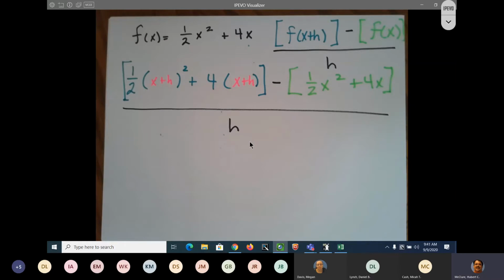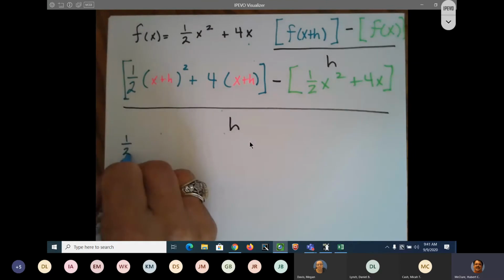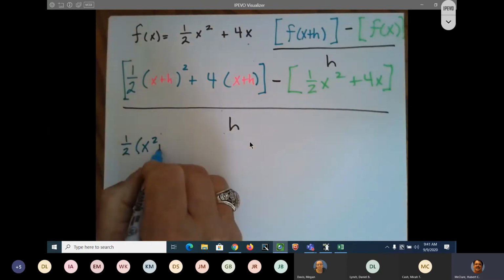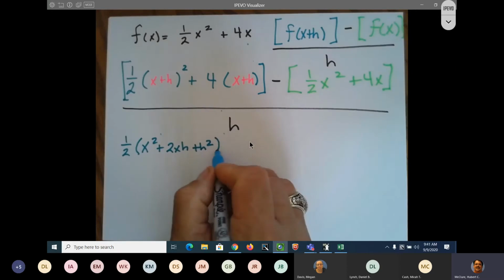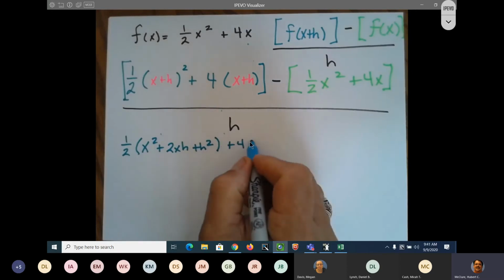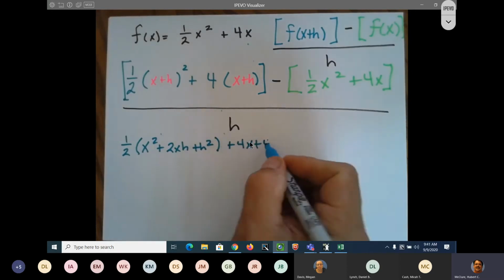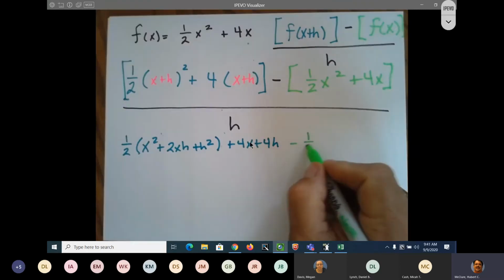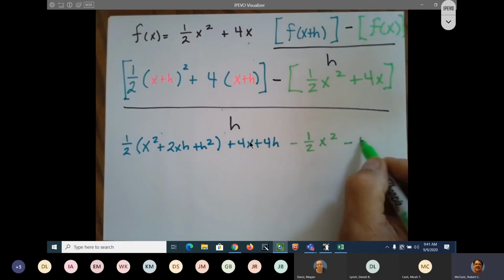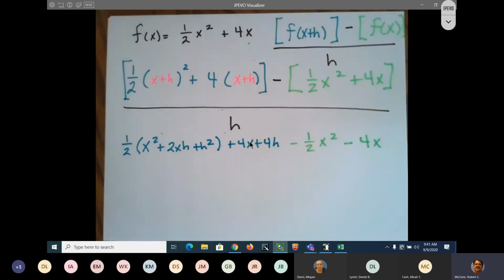I'll start you off: 1/2 x squared plus 2xh plus h squared plus 4x plus 4h, minus 1/2 x squared minus 4x. All right, now you've got to finish it.